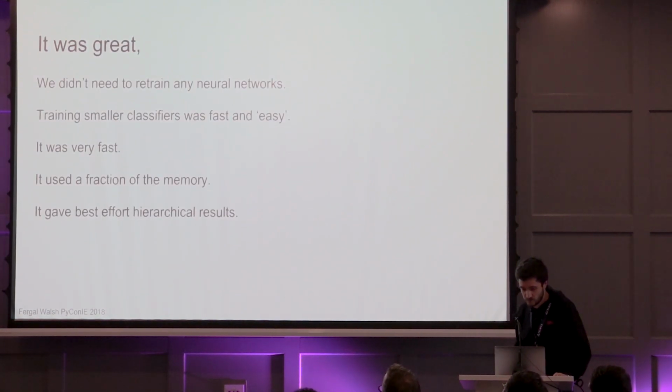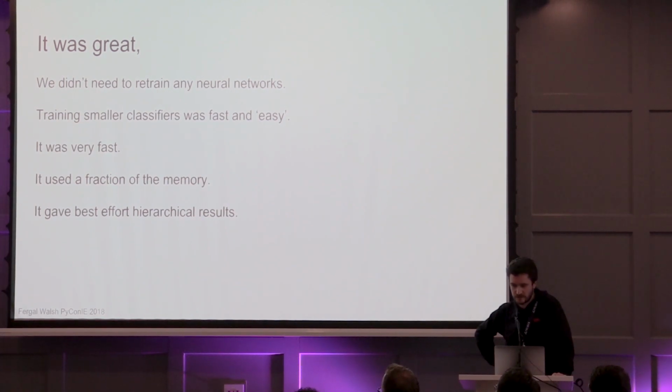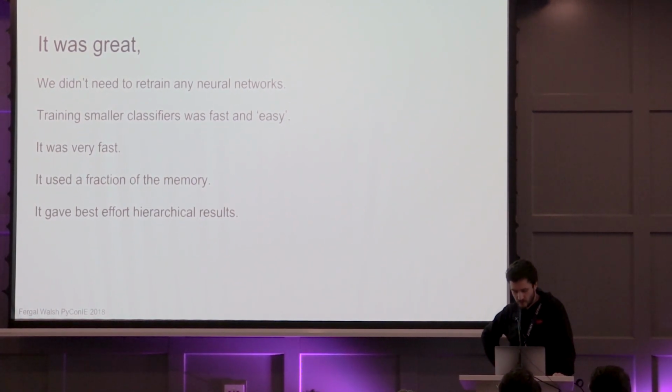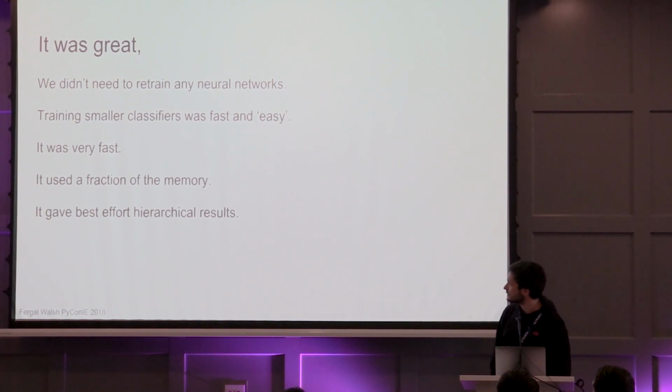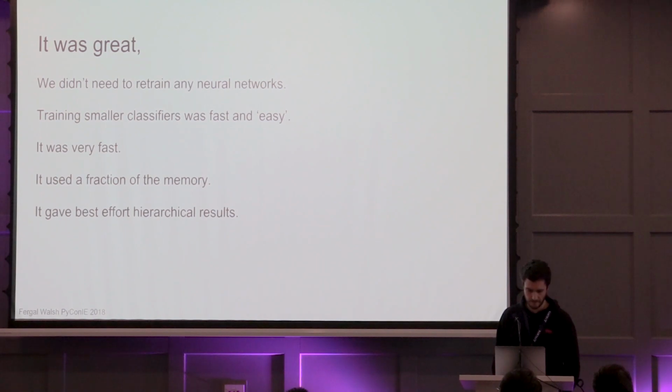And this was great because we didn't need to train any neural networks anymore. We said, okay, we have our feature extractor, that's trained, let's just leave it as is. And now we're just going to train these small linear classifiers, which are much more lightweight than neural networks, and easy compared to training neural networks. And then inference was very fast because there was only one neural network involved.